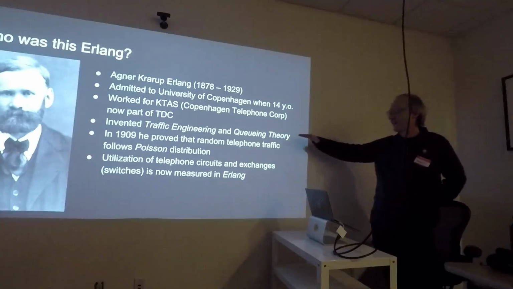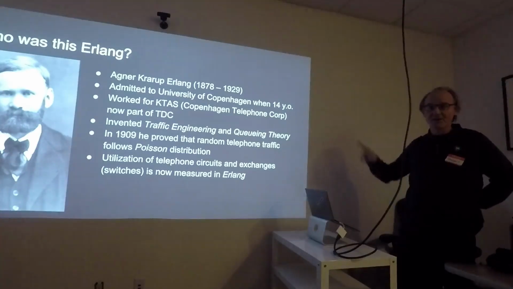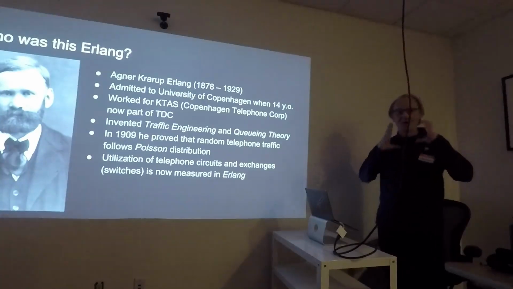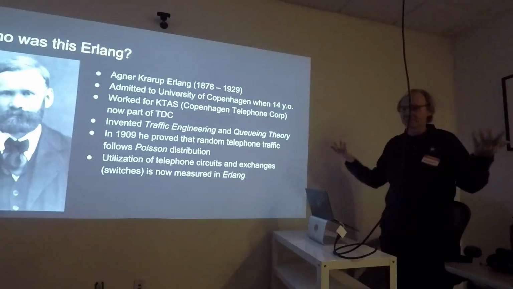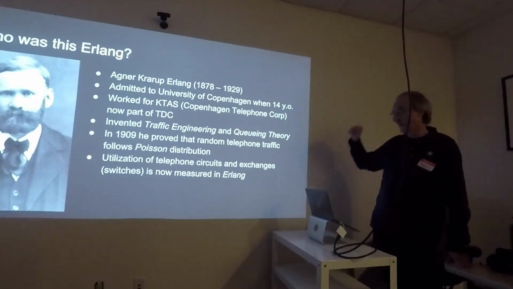He invented traffic engineering and queuing theory, and that's what he did. It's very interesting to read some of his papers from 1907, where he's laying out the mathematics and the foundation for all traffic engineering.